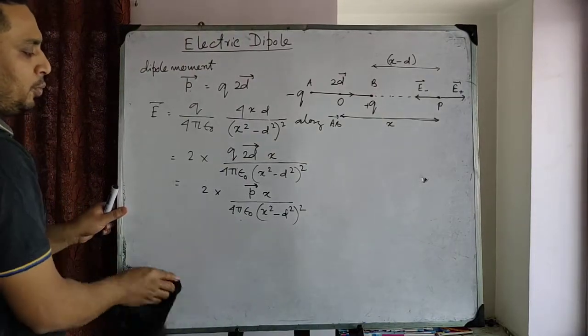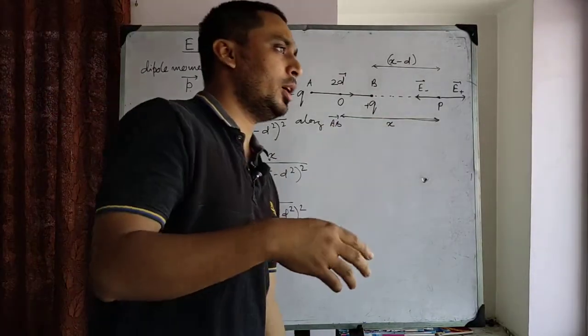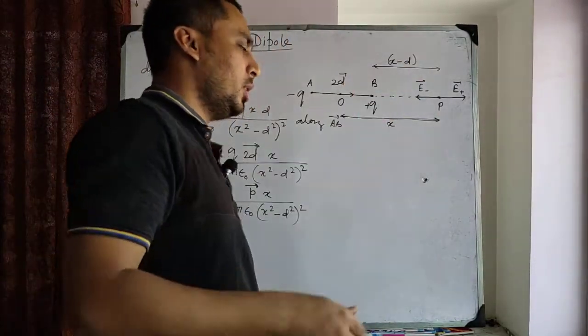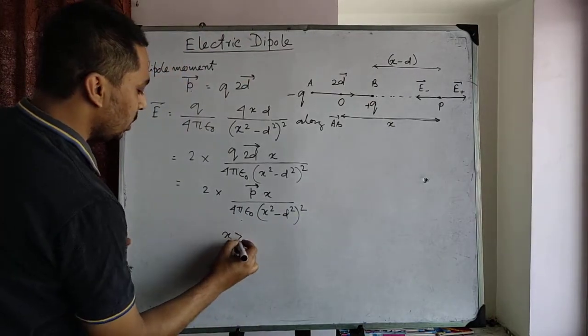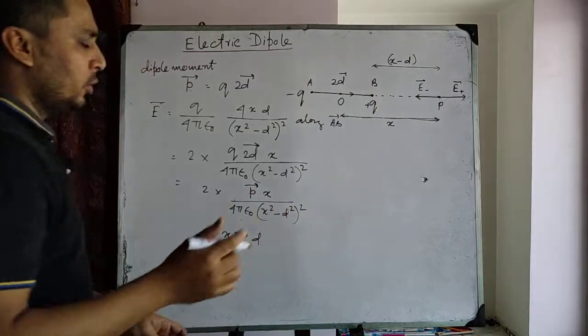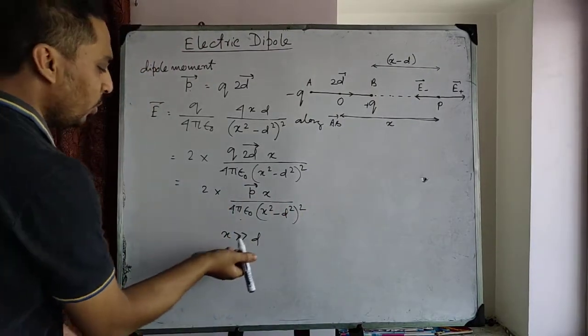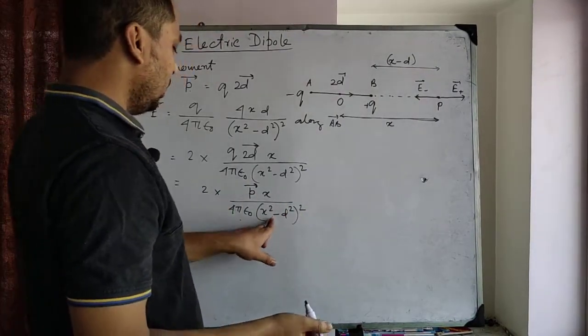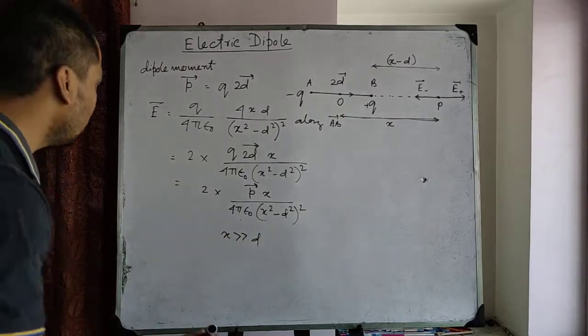When the point P is far away from the center, that is, x is much greater than d, then we may neglect d in comparison with x.